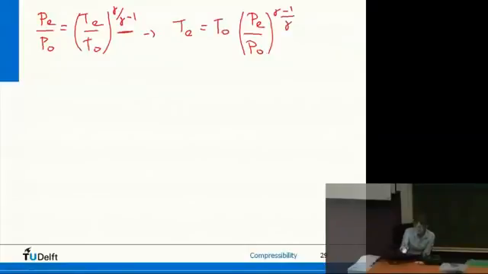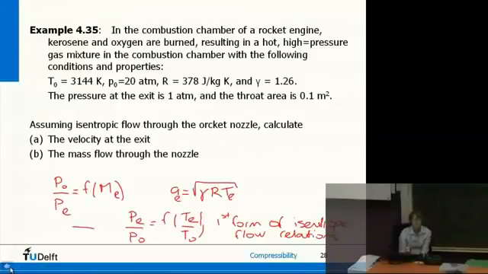So TE is equal to, T0 was given, 3,144. And then the pressure ratio: P0, 20 atmosphere, and at the exit 1 atmosphere.